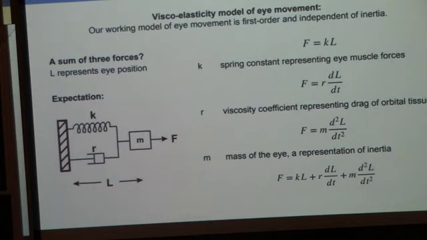Because you're looking at eye muscles, you want to use some spring constant to account for the eye muscle movement. And then you have this coefficient. So F = R dL/dt, where L is basically the eye position, and for relating the velocity of that eye movement, you want to take into account the viscosity coefficient of the orbital tissues, the drag of the orbital tissues. So how much do they oppose that movement?